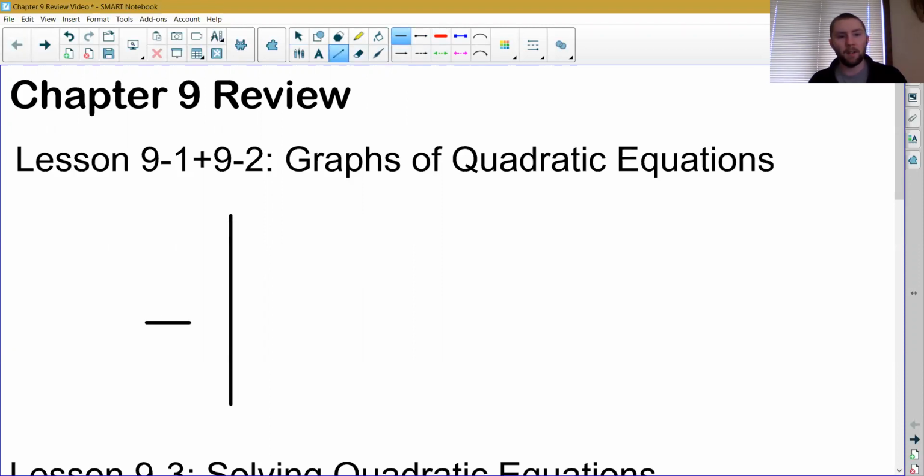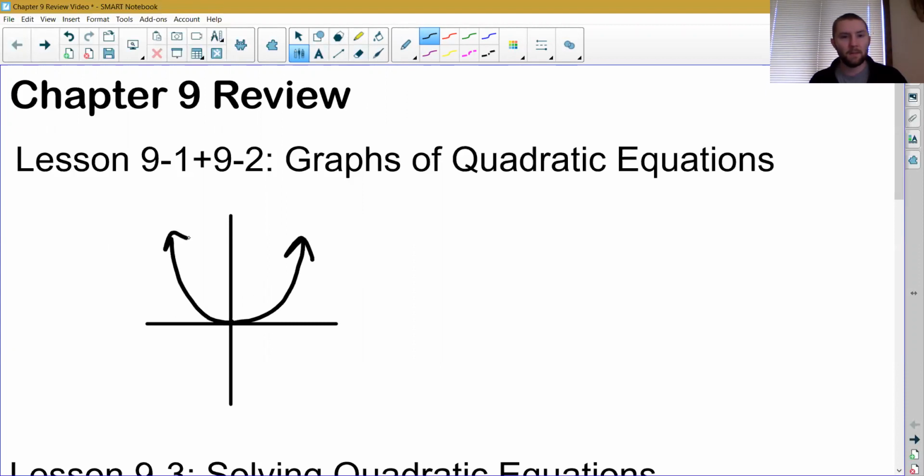A parabola is basically a U-shaped graph that looks something like this. That's the graph of a quadratic equation. That's what they all look like.